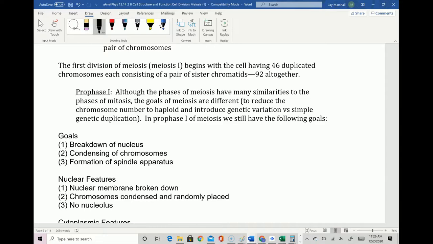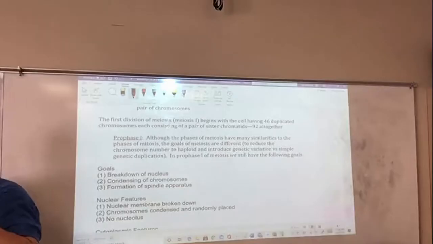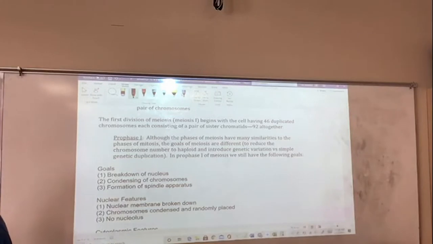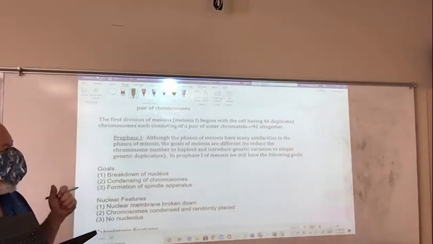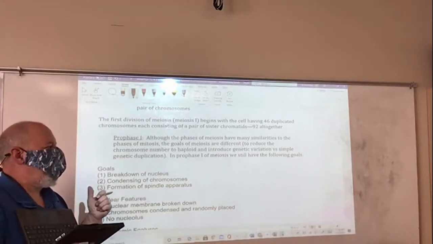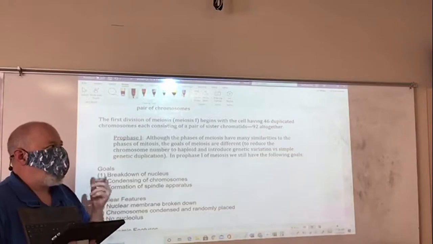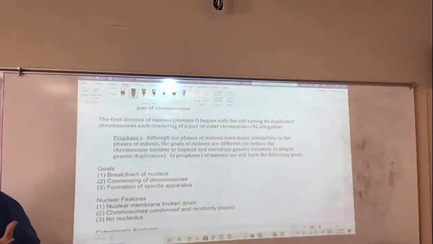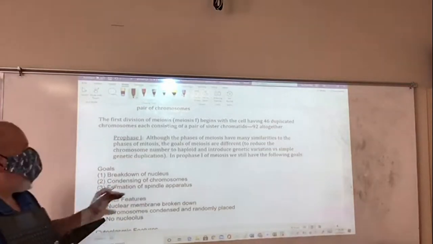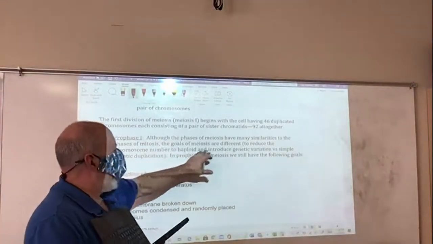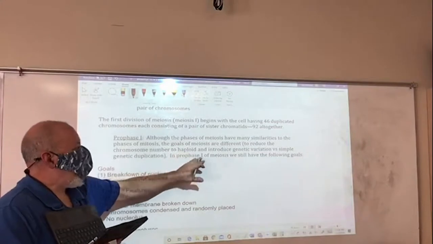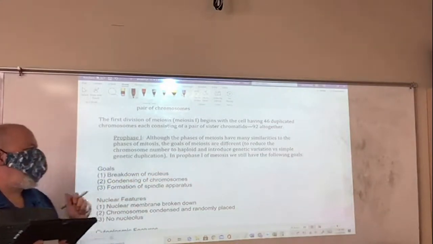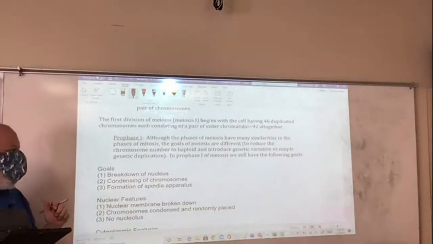With mitosis, my only goal is to create genetically identical cells, to increase my cell number, either because I'm growing and developing or because I'm healing. But in meiosis, I have to reduce the chromosome number from diploid to haploid, and I have to introduce genetic variation.